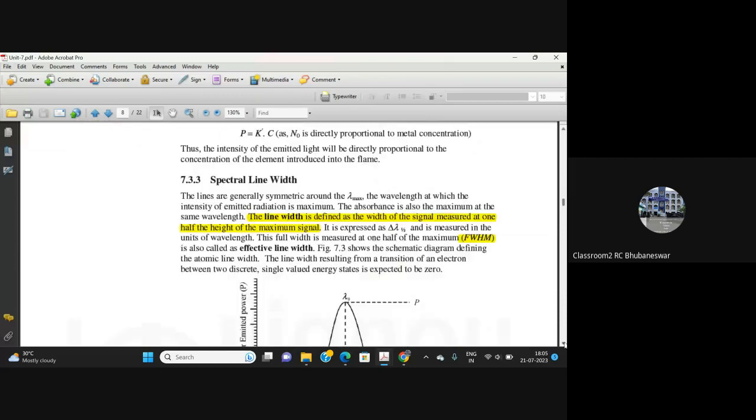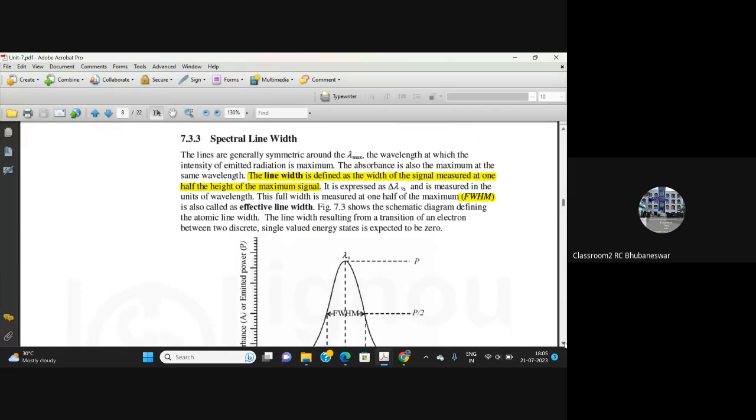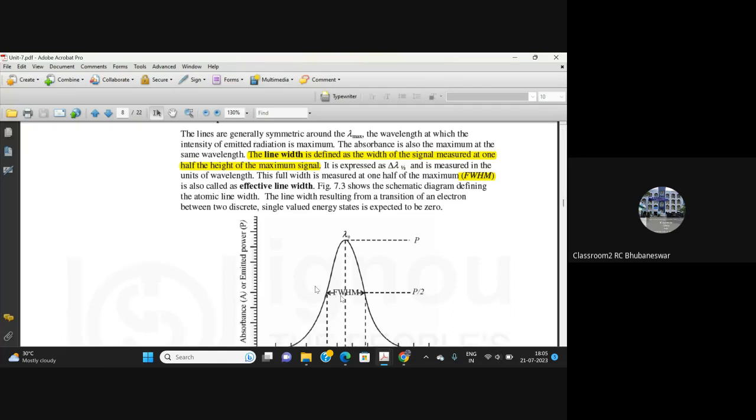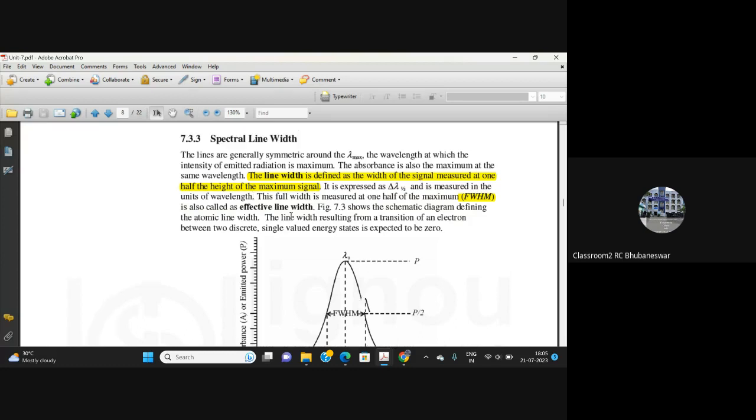Then, spectral line width. This is another spectral characteristic of the signal. What is it? This is the full width half maximum. The lines are generally symmetric around the lambda max, the wavelength at which the intensity of emitted radiation is maximum. I was telling you, at lambda max you get more intensity of the spectrum, so the absorbance is also maximum at the same wavelength.